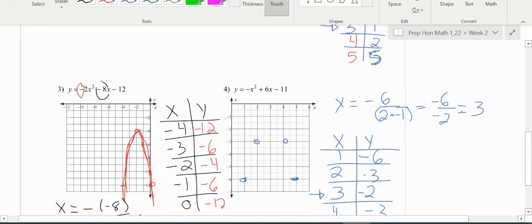And this one also coincidentally opens down because the coefficient in front, or that value in front, is negative. And then our vertex would be 3, -2 is the vertex. And that'd be it.